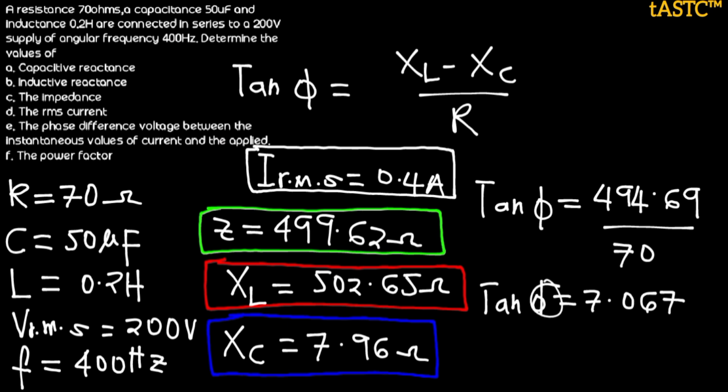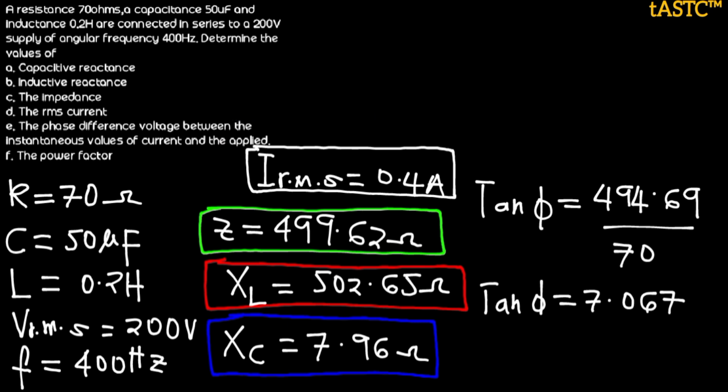Now we need to find phi. In order to find this, we need to take the tan inverse of this stuff, which is arctan. So I'm going to clear these out. So phi, which is exactly the phase angle itself, is going to be tan inverse of 7.067.